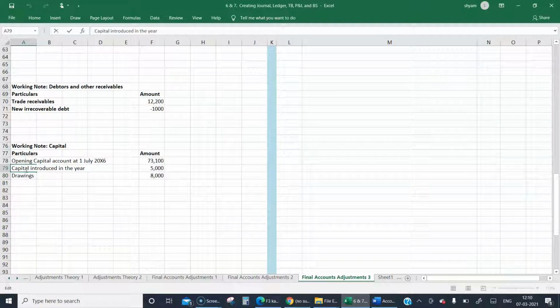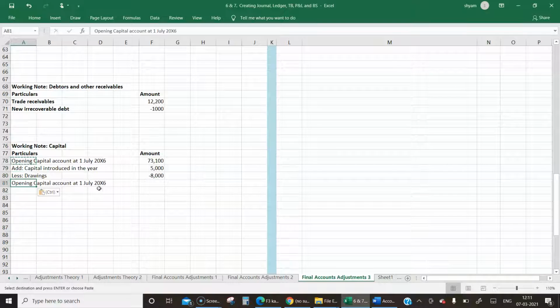So when we add capital, we will add it, and when drawings is there, we will less it. So in drawings, we'll put a minus symbol. So we'll find out the closing capital.